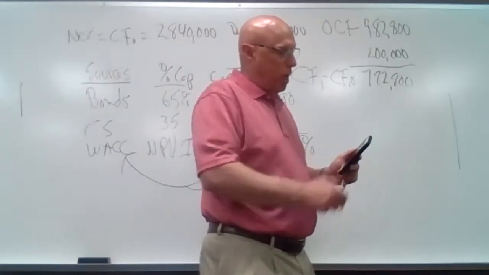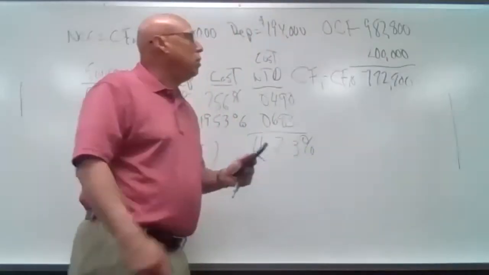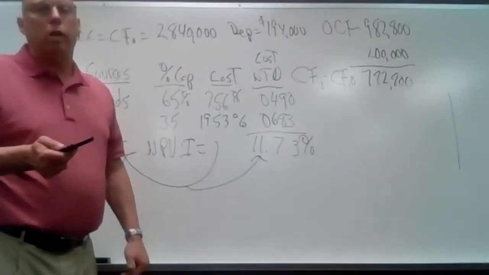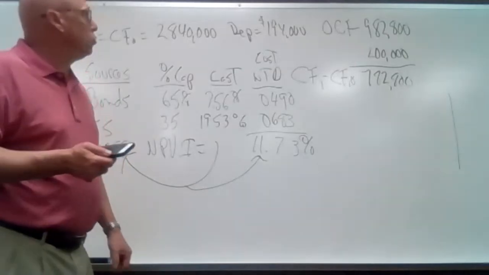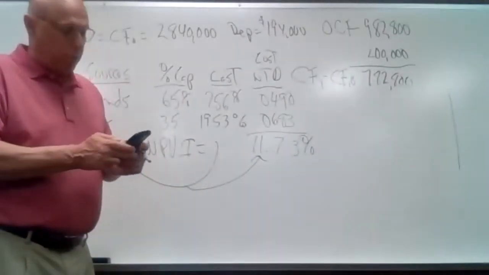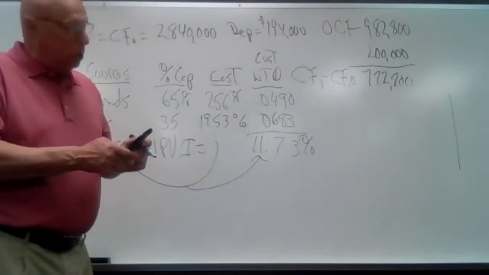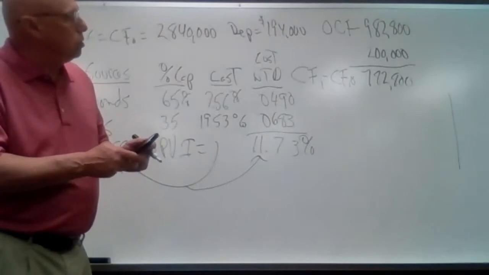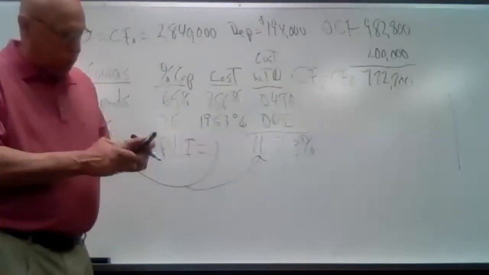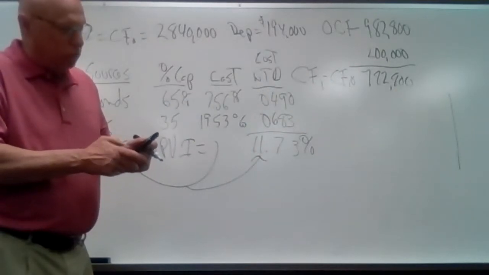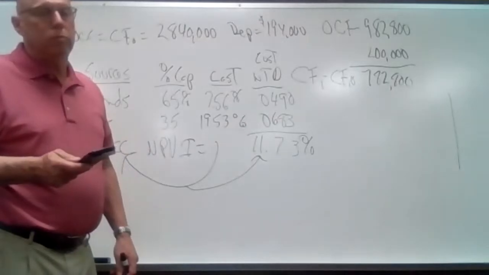Enter, down arrow. What is C02? $782,800 plus the 900,000 in working capital that we said we were going to get back. So that's going to be $1,682,800. Does everybody see what I'm doing?